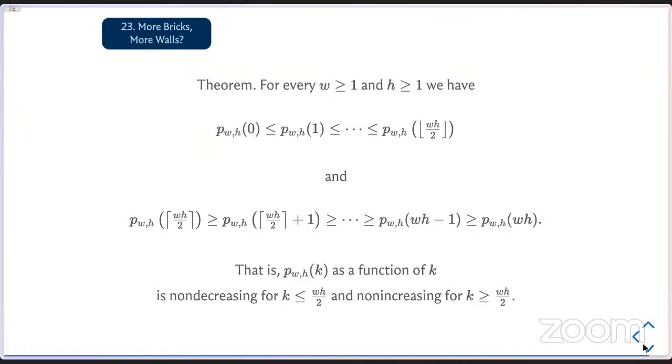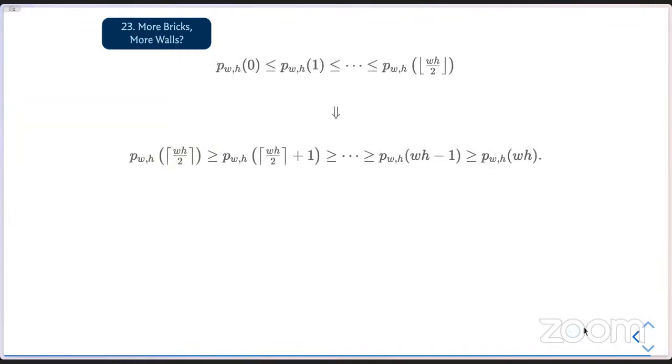Okay, but this is what we want to show. And before we try to establish this unimodal thing, let's actually win half of the battle by pointing out that if we can show that it's increasing up to the halfway mark, or at least non-decreasing up to the halfway mark, then it's non-increasing beyond the halfway mark. And I don't know if anybody has any guesses on why this is true.